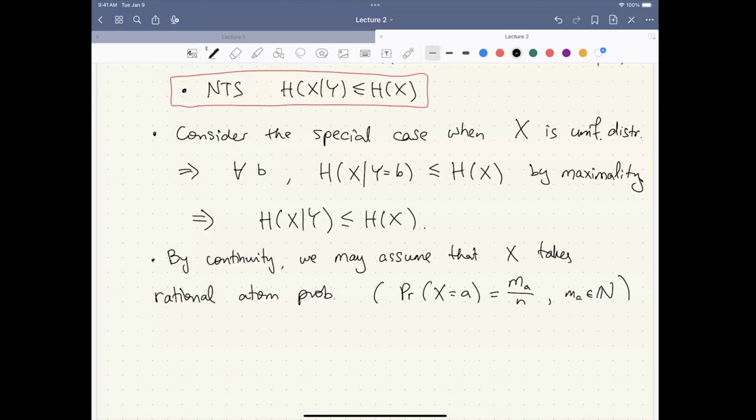Remember the construction we gave in the previous lecture of associating a random variable taking rational atom probability to another one that's uniformly distributed. Take this u prime that's uniformly distributed over n, as in the previous construction.